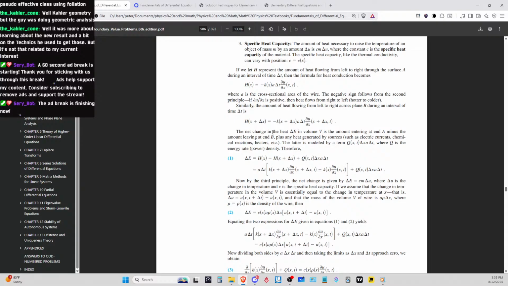The net change in the heat, delta E, in volume V, is the amount entering at A minus the amount leaving at B, plus any heat generated by sources such as electrical current, chemical reactions, heater, etc. The latter is modeled by a term Q(x,t) delta x A times delta T, where Q is the energy rate, power density.